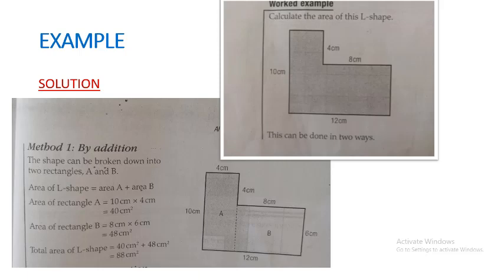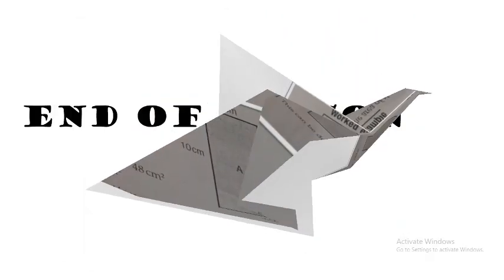Remember, shapes like this do not have their own formulas. So to calculate the area, divide the shape into simple shapes. And those simple shapes have their own formulas. So please take note of that. So that is the end.